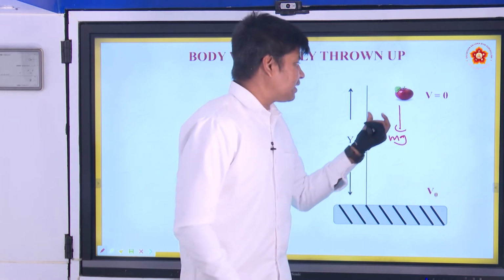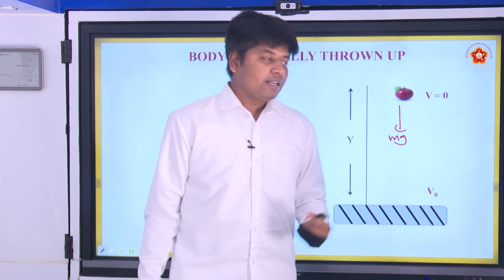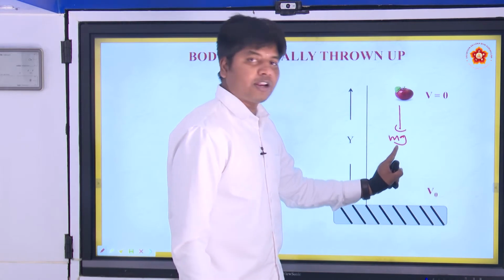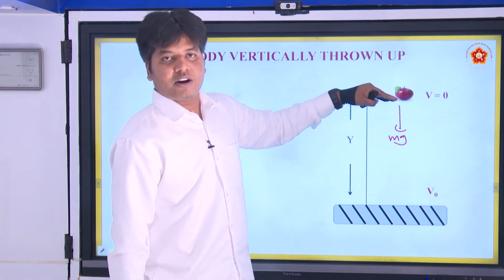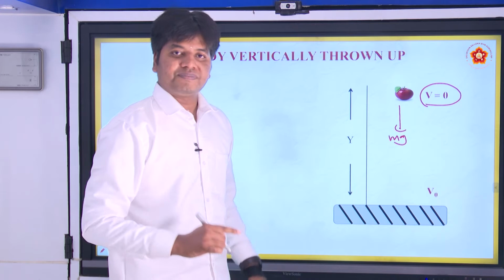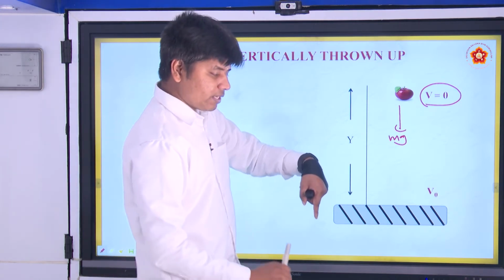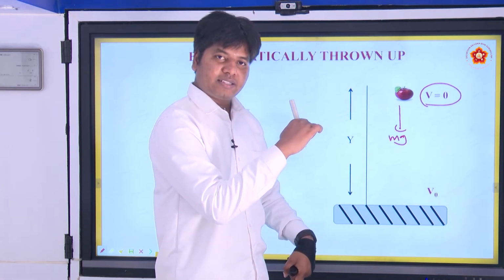Speed is nothing but the magnitude of the velocity. You can imagine that at one point the velocity will slow down, that means the speed will decrease, and at one point it comes to a halt. At that point you will notice the velocity becomes 0, because acceleration is downwards and you projected the velocity in the upward direction.